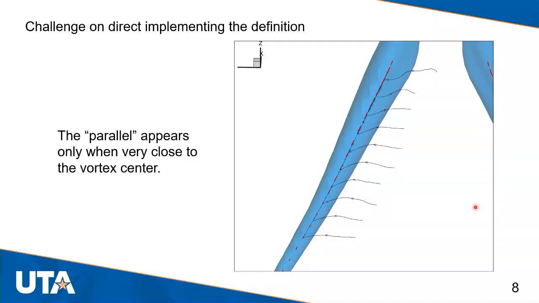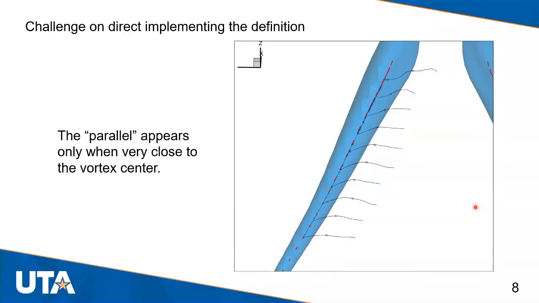The definition is very clear, and it was first proposed in 2019, but it has been a long time and we haven't found a good algorithm to automatically find the vortex core lines. So what are the challenges in directly implementing the definition?